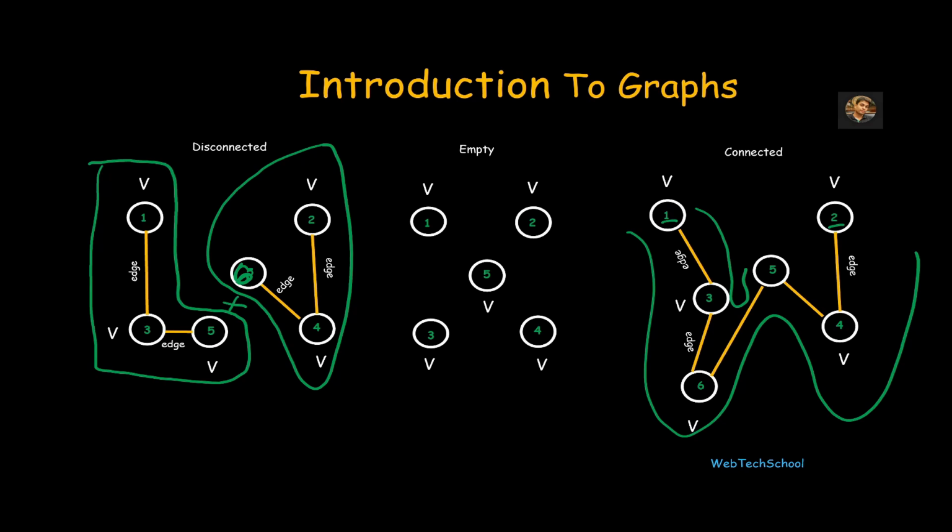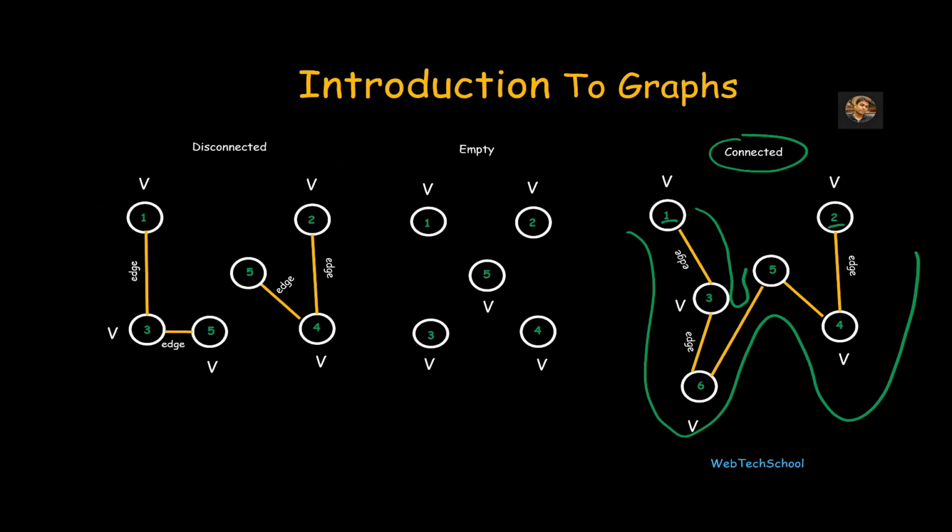If we get a path, the graph is said to be connected. Like in the earlier example, we don't have any path from vertex 5 to vertex 6, so that cannot be a connected graph. These are some of the examples of types of graphs.